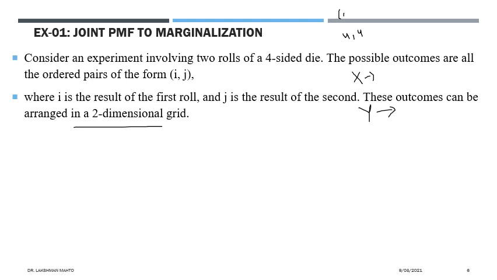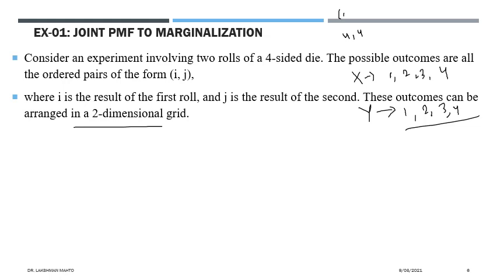X will take the values 1, 2, 3, 4, that means first face, second face, third face, fourth face. And Y will also take four values: 1, 2, 3, 4. These are the possible values.